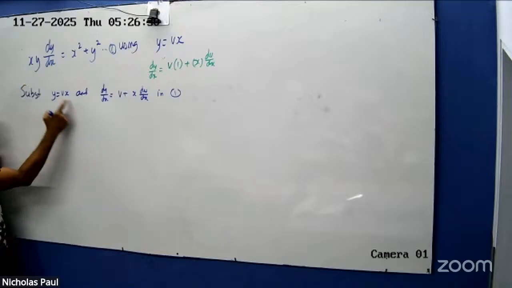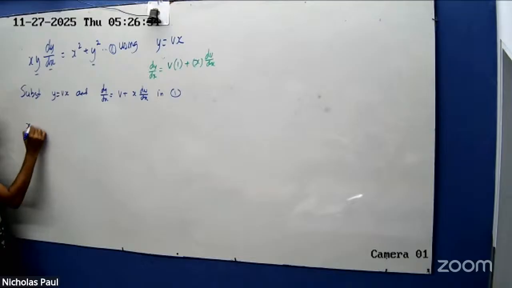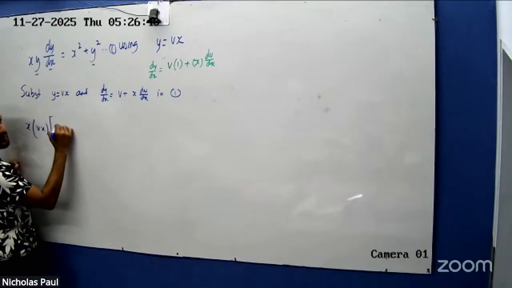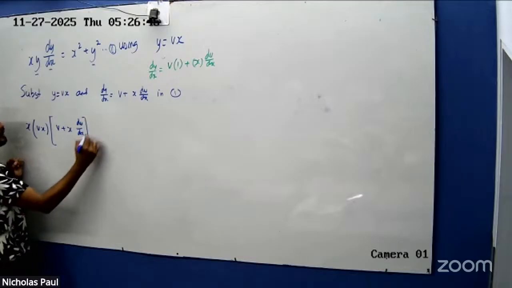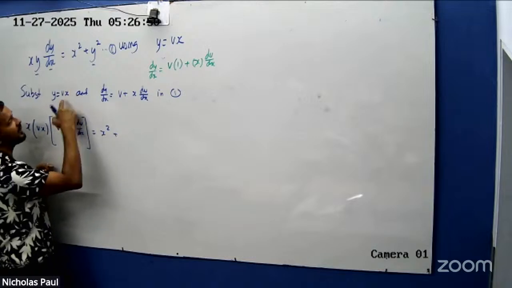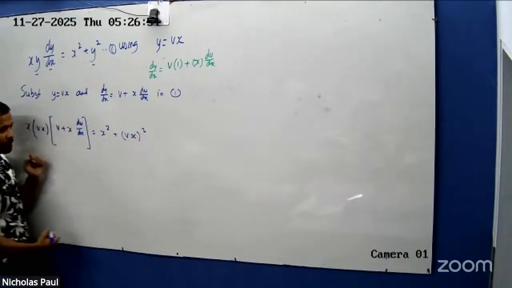So I'm going to make a substitution here, here, and here. So I'll get x by y, y is vx, by dy dx, dy dx is v plus x dv dx, is equal to x squared plus y squared. y is vx all squared.